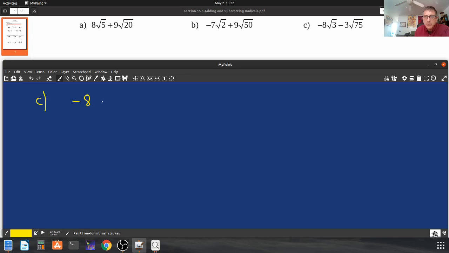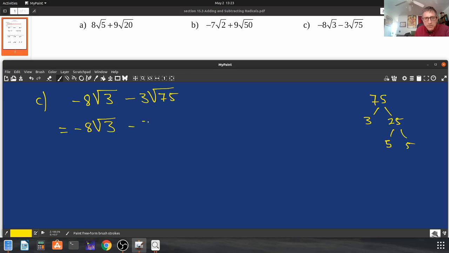Minus 8 square root of 3 minus 3 square root of 75. So let's just use what I just told you. We're going to add these. So I need to somehow convert the square root of 75 to something times the square root of 3. So I'm going to come over here and divide 75 by 3 and I'm going to get 25, and that's equal to 5 squared.